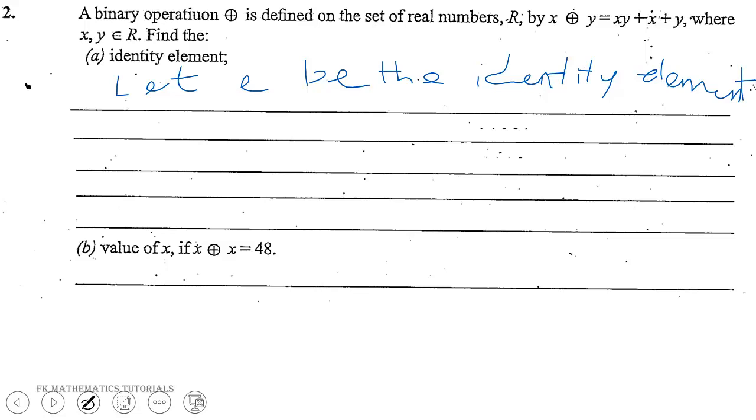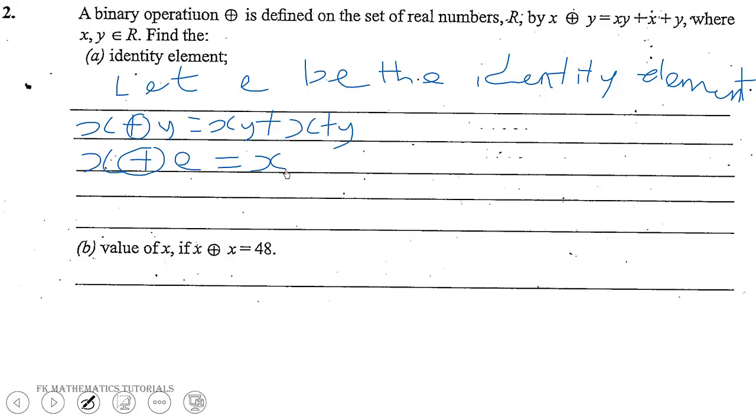We know that the identity element will operate on an element to give itself. So the operation is given by x ⊕ y = xy + x + y. If x operates with the identity element, it will give x itself back.